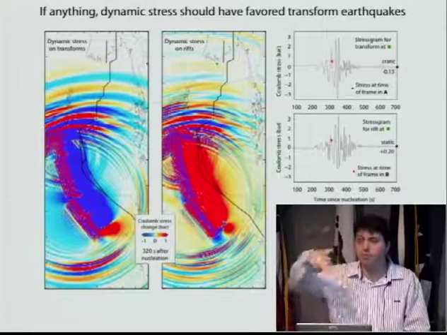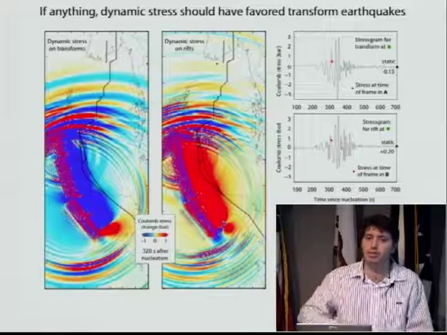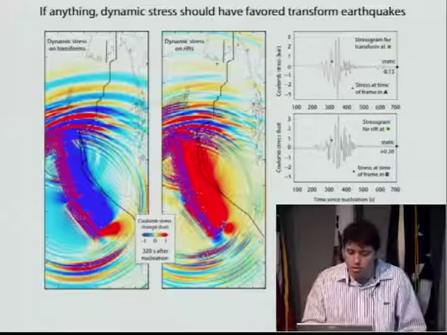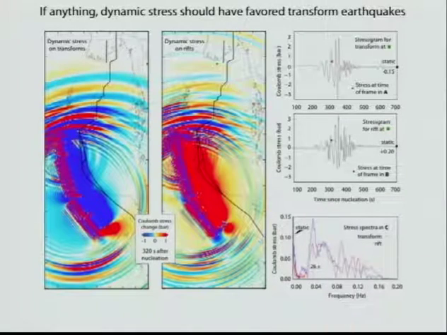You can tell the number of positive pulses or negative pulses are similar. Duration looks similar. But if you look closer and plot the frequency spectrum, what you see is that for the lower frequencies, the transform in fact has higher amplitudes. This is quite interesting to see because remember, we are inhibiting transforms and triggering rifts. So if anything, this is opposite to what we are observing.